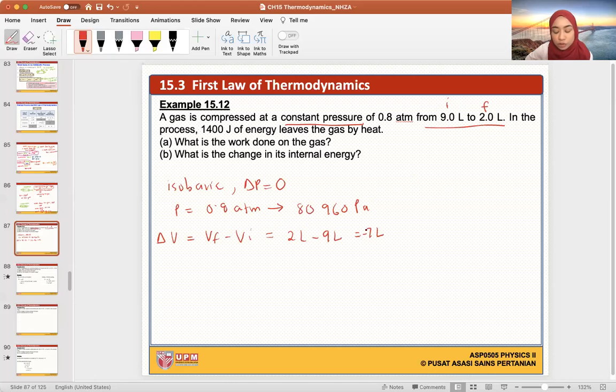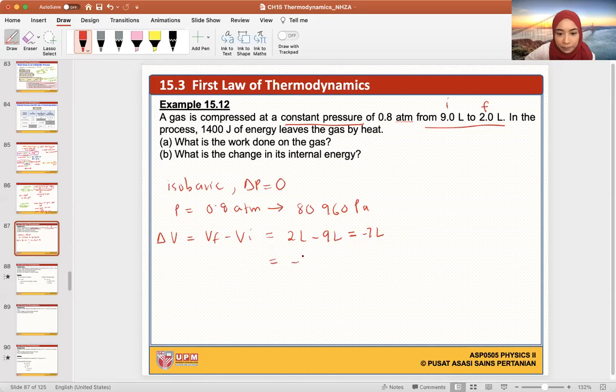How do I convert this to meter cubed? Does anyone know? I can't use liters, it's not the SI unit. Times 0.001. Yes, Umar, thank you.